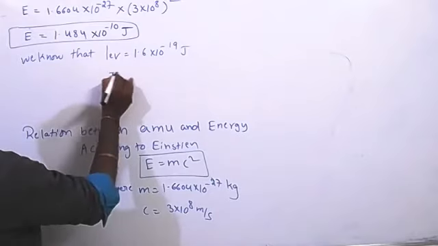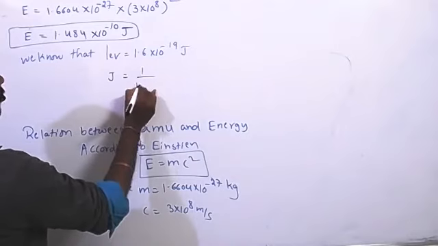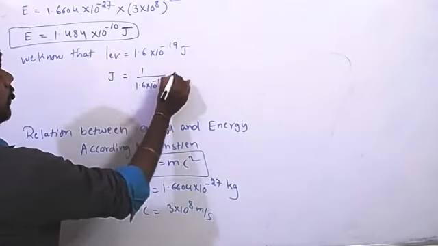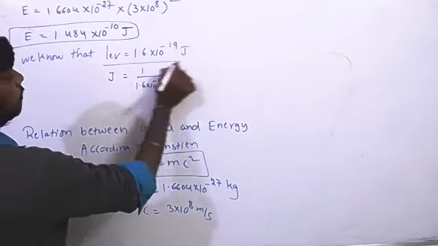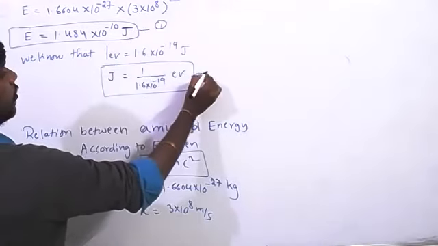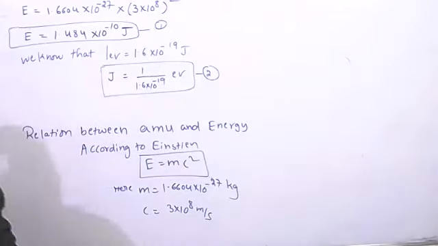From this, 1 joule equals 1 by 1.6 into 10 to the power of minus 19 electron volt. If this is equation 1 and that is equation 2, substitute in equation 1.